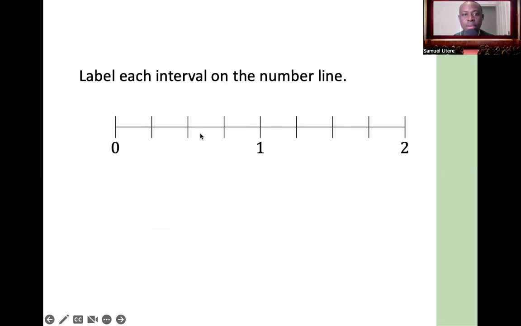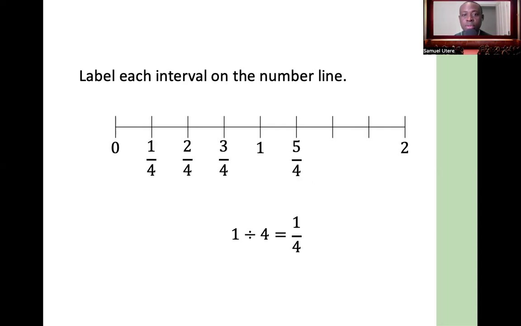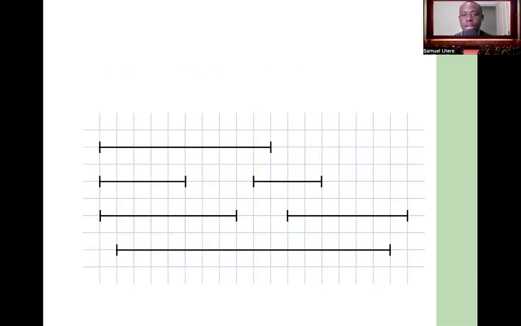But we have 4 intervals. So it means if we do 1 divided by 4, it will have to be a quarter. So in any of these 3 methods, we'll quickly see that we have 1/4, 2/4, 3/4, 7/4, and 8/4.